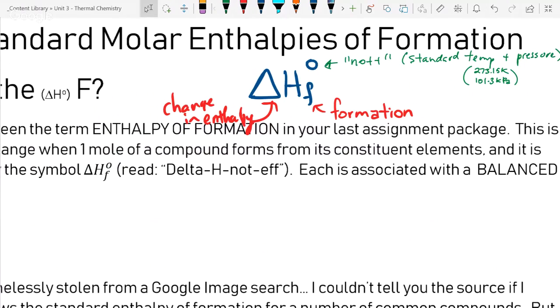Does that make sense? How much heat would be released or how much heat would be absorbed if in the lab, under normal conditions, I made 1 mole of this thing from its elemental components. That make sense? From the elements it's made of.